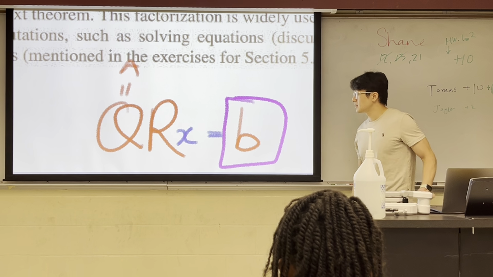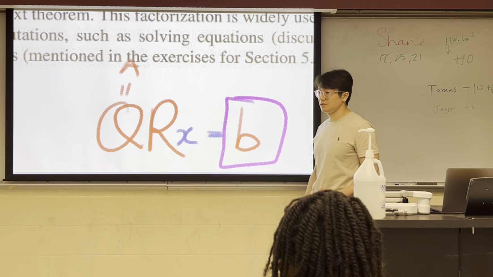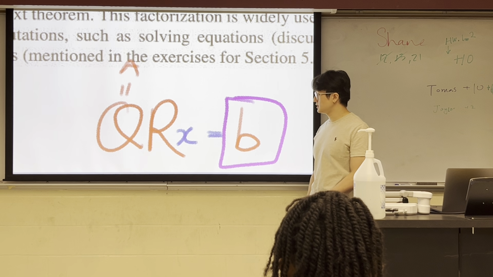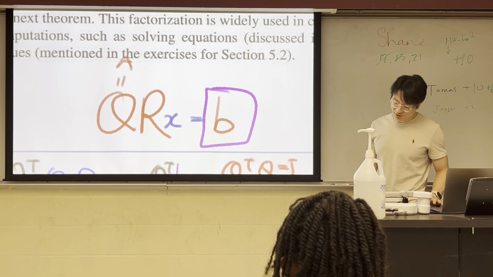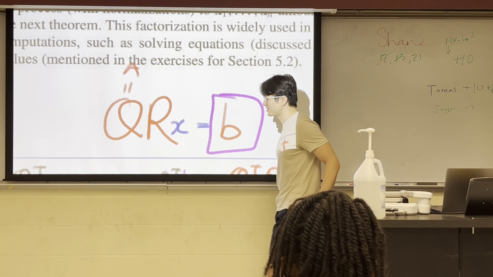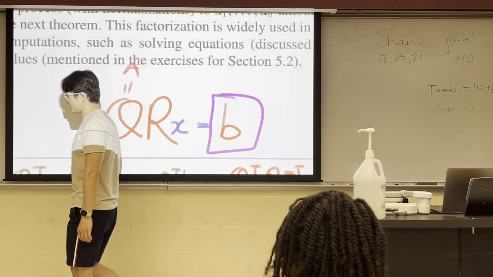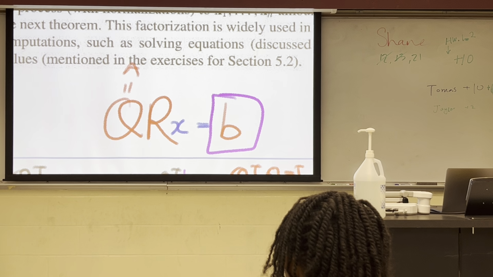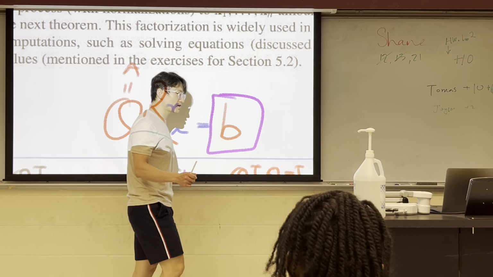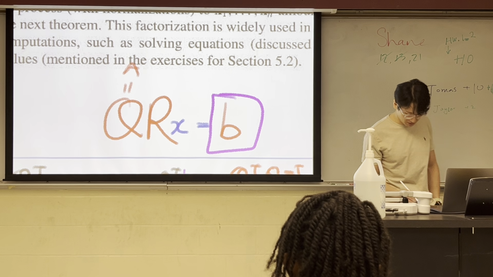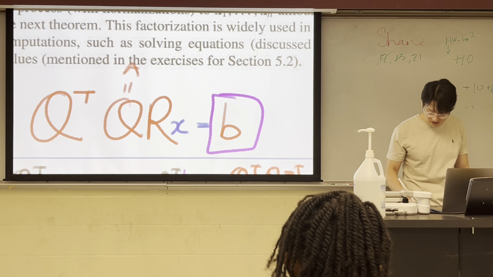It reduces computational costs. Yes. But how? R is invertible now, and you can multiply by the inverse of R, and then you can use Q transpose to create the identity matrix. So we don't even need to compute the Q inverse, right? Because Q inverse is Q transpose.